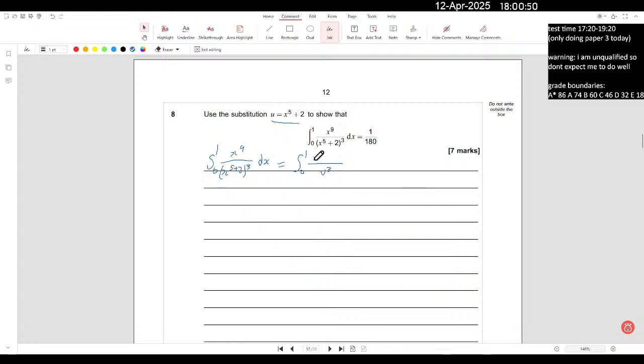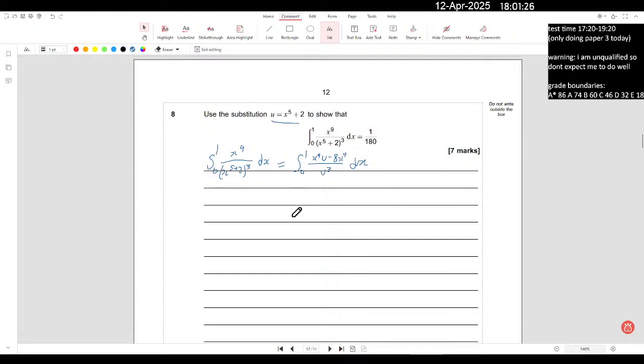Maybe x to the power of 4u minus 8 x to the power 4. Yeah, that's still stupid.